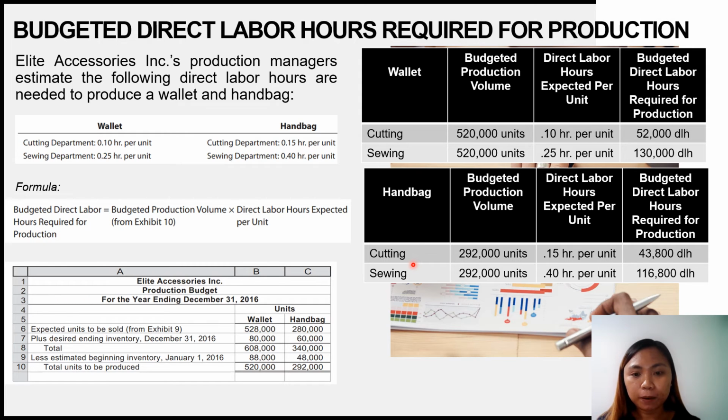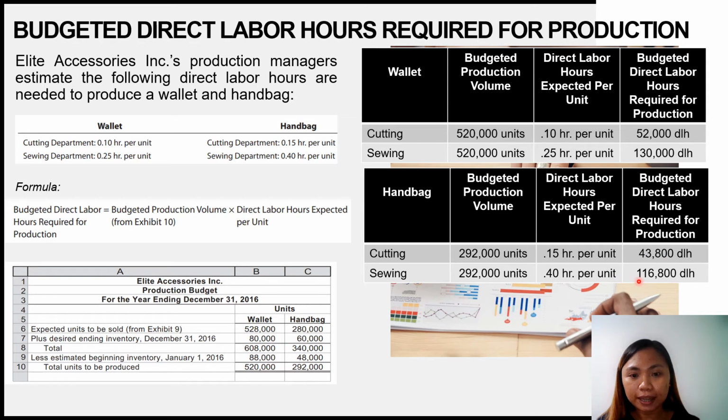In the cutting department, the budgeted production volume is 292,000, just as what we have computed earlier, multiplied by 0.15 hour per unit. That would be equal to 43,800 direct labor hours. In the sewing department, 292,000 units times 0.40 hour per unit is equal to 116,800 direct labor hours.